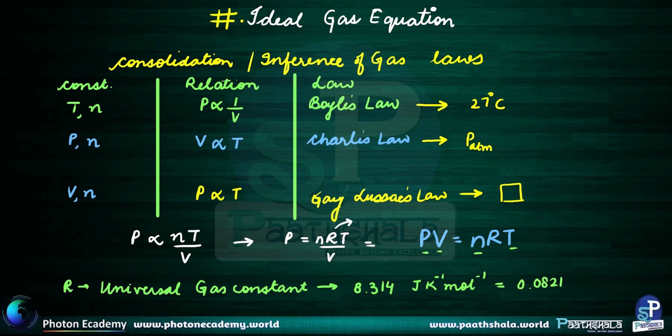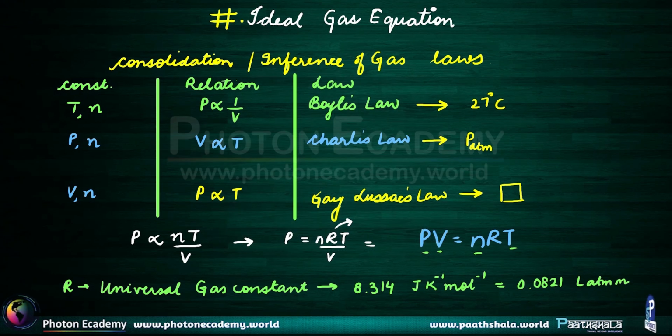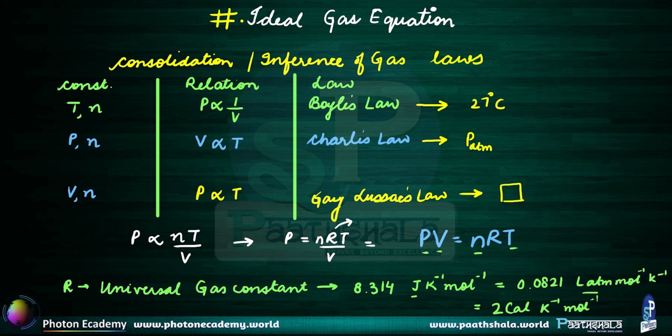The value becomes 0.0821 when the units change to liter atm per mole per kelvin, and these units change to 2 calories per kelvin per mole. So basically when the units of our energy change from joules to liter atm to calories, the value of R changes. However, the value of R does not depend upon any of the parameters: pressure, volume, number of moles, or temperature.